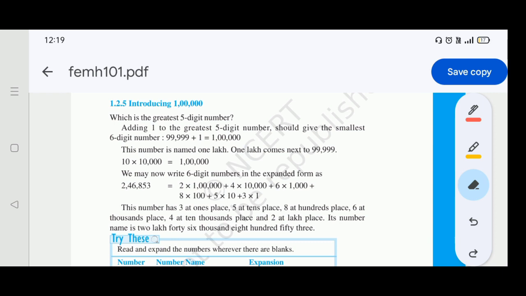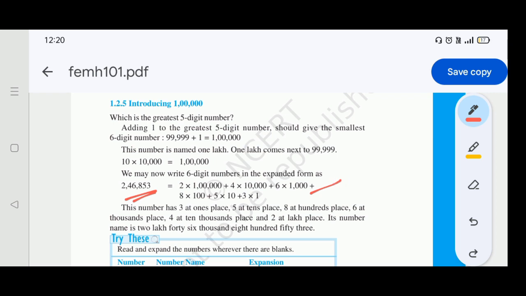We may now write 6 digit numbers in the expanded form, as here they have given the number 2,46,853. So we can write this as 2 into 1 lakh plus 4 into 10,000 plus 6 into 1000 plus 8 into 100 plus 5 into 10 plus 3 into 1.